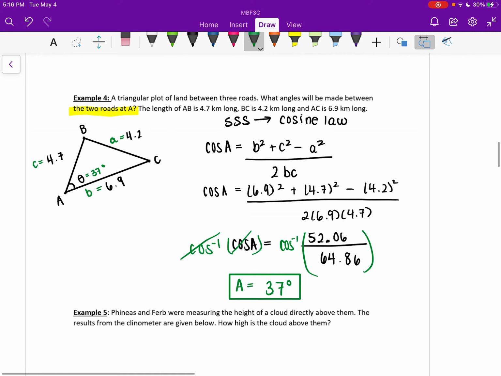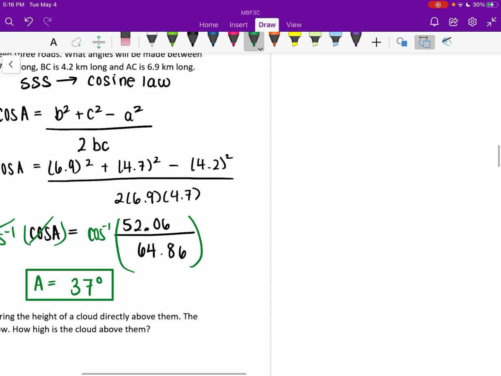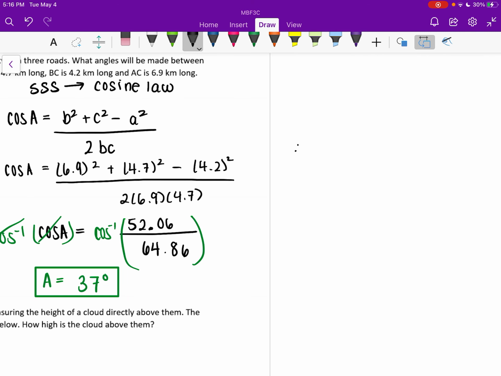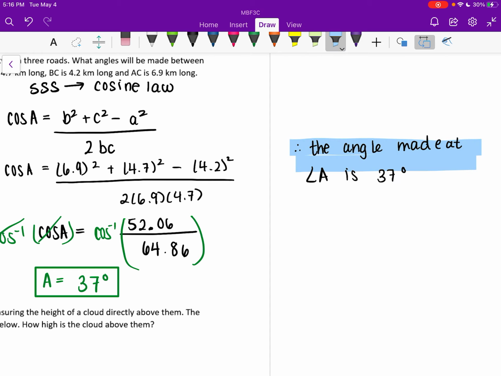So it says, what is the angle that's made? Therefore, the angle made at angle A is 37 degrees. And I like to just highlight it so that's there. Okay.